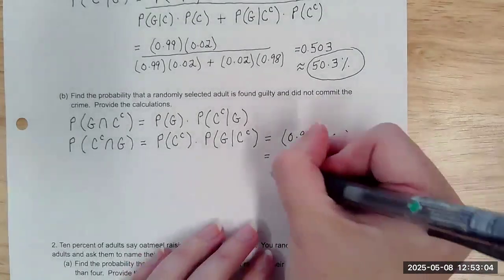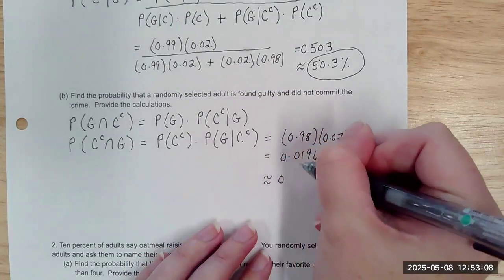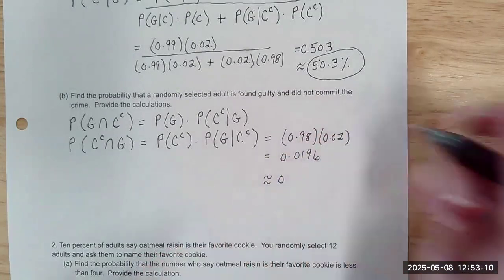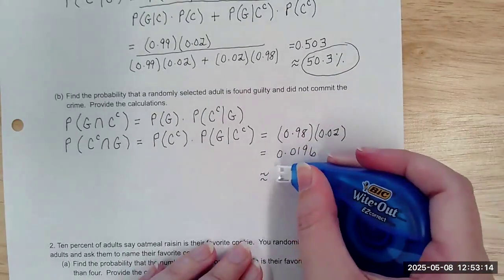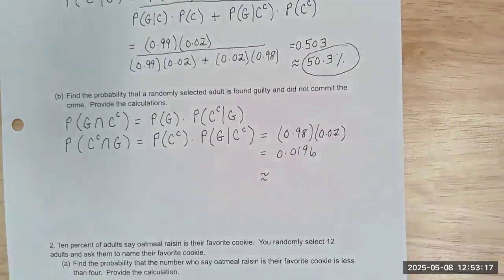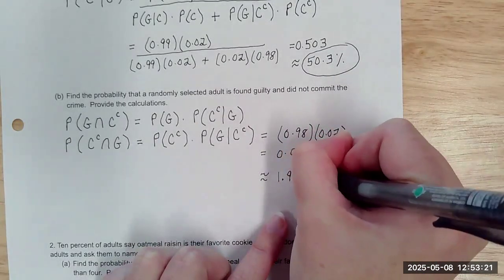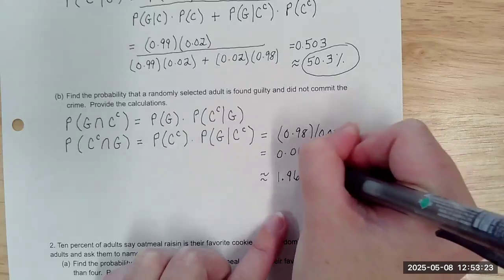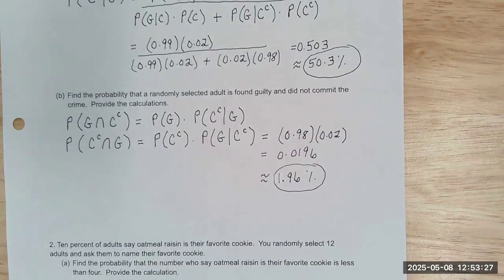Or as a percent, that's approximately 1.96%. So the probability that a randomly selected adult is found guilty and they did not commit the crime is 1.96%.